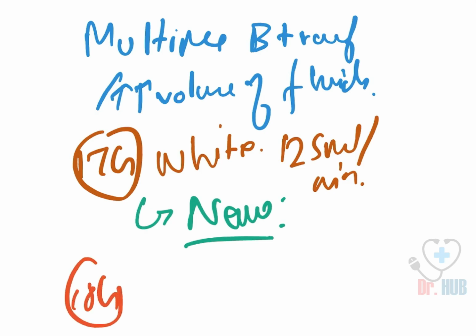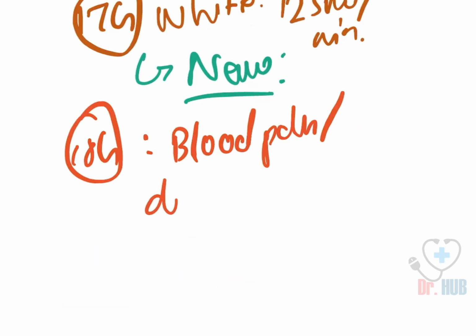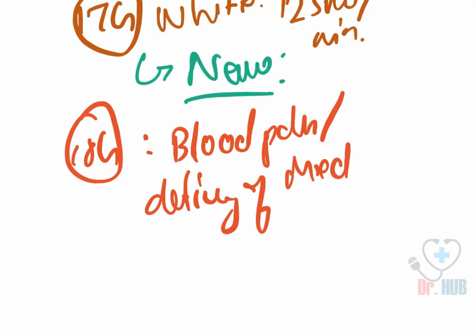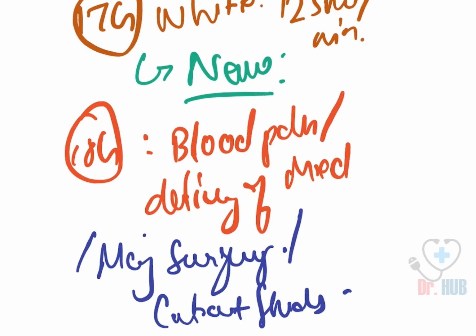Next we move on to 18G. It is used for blood products and also the delivery of medications. It can also be used in case of major surgeries, and also in contrast study.